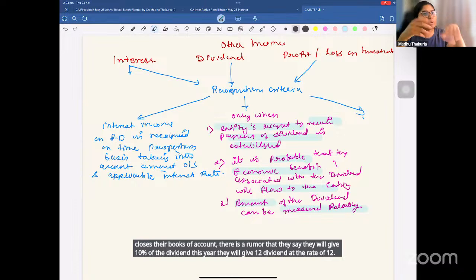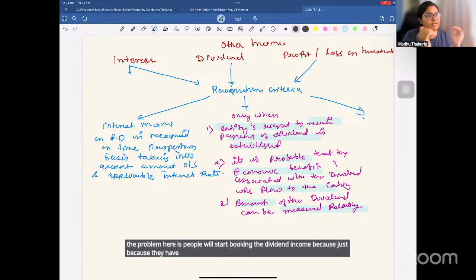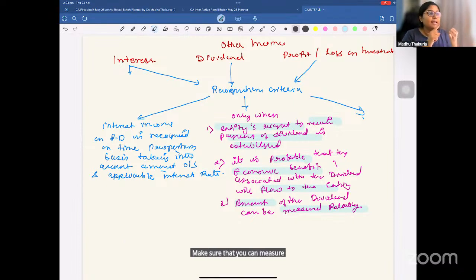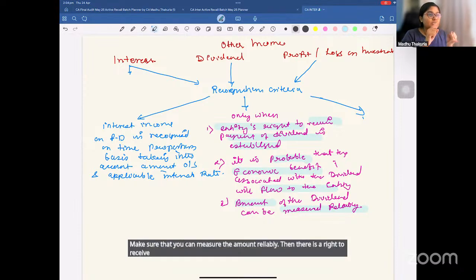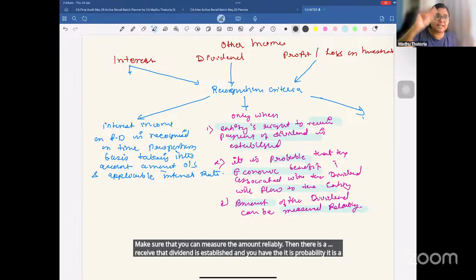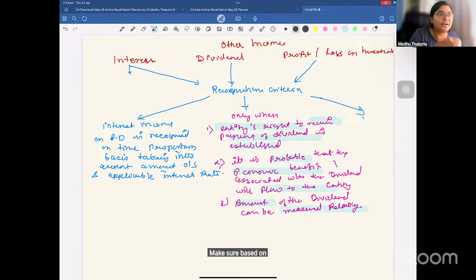The problem is people start booking the dividend income just because they have invested in that company. The answer is no. Make sure you can measure the amount reliably, the right to receive the dividend is established, and it is probable that you will receive that cash. Make sure, based on the documents and declarations.